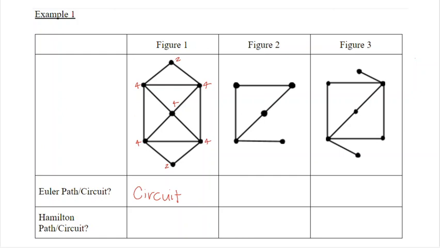Now, for a Hamilton path or circuit, our goal is to visit each vertex exactly once. So I'm going to decide to start at the top vertex and see what happens. Remember, I'm trying to go to each vertex exactly once.